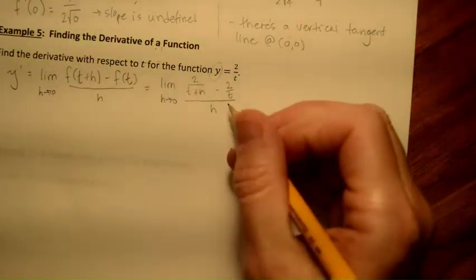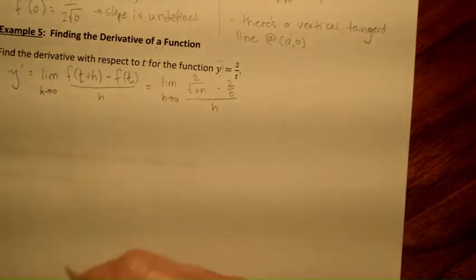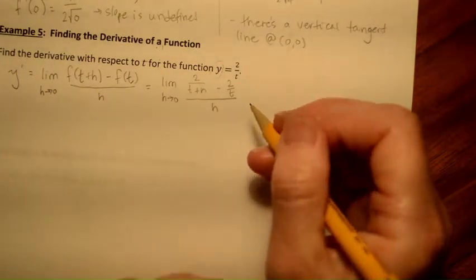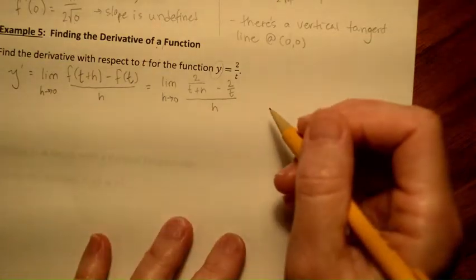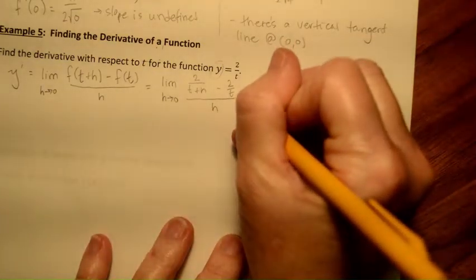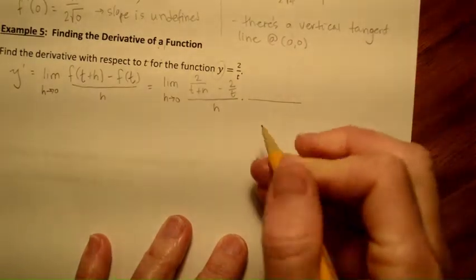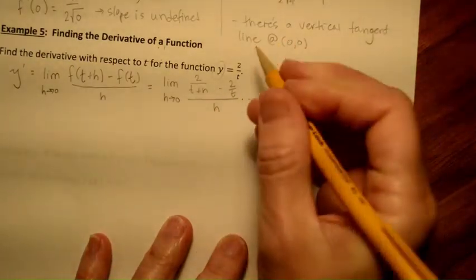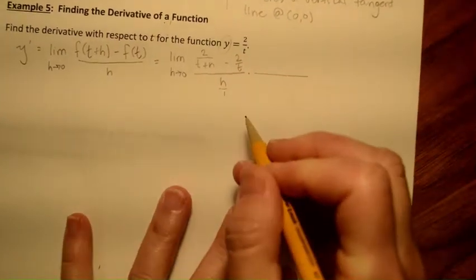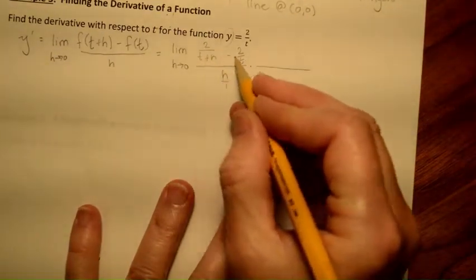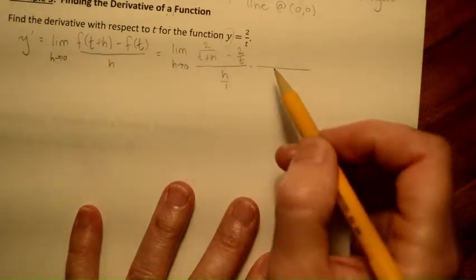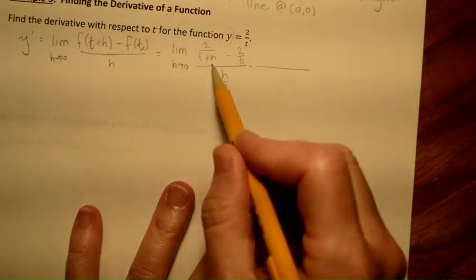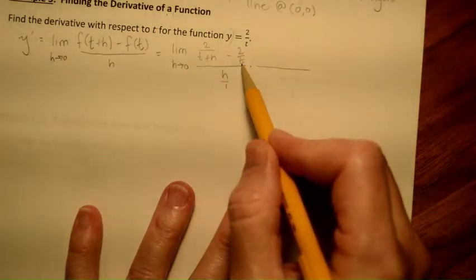All right, so if you think back to what we did with functions like this, our strategy was to get rid of the complex fractions. And the way we did that was we multiplied numerator and denominator by the LCD of all the fractions. Again, I'm just going to stick a little 1 in here for right now, so you see that these are the 3 denominators. So that LCD has to include a t plus h, and it also has to include a t.